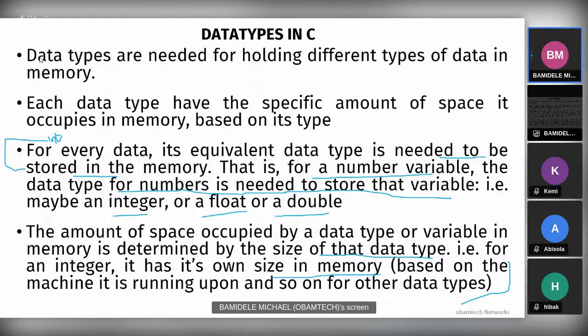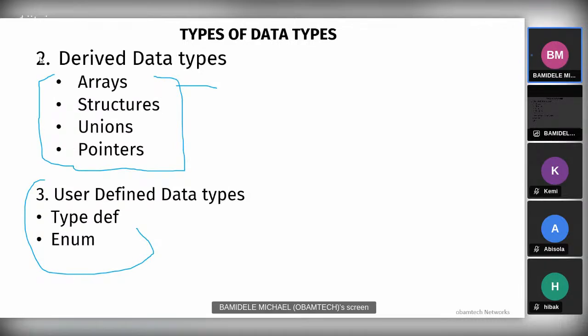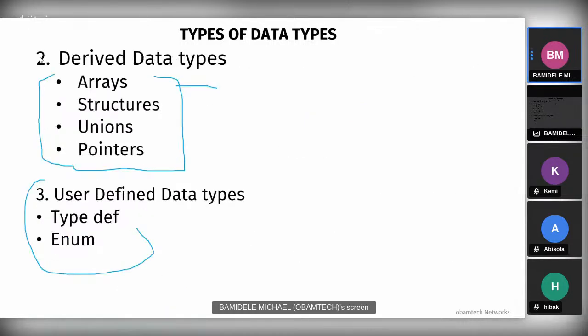Then we talked about data types and the amount of space every data type occupies. There are basically three categories: primary, derived, and user defined. The primary data type is divided into numbers, characters, and void. Derived data types are, for example, arrays, structures, unions, and pointers. And user defined is typedef.